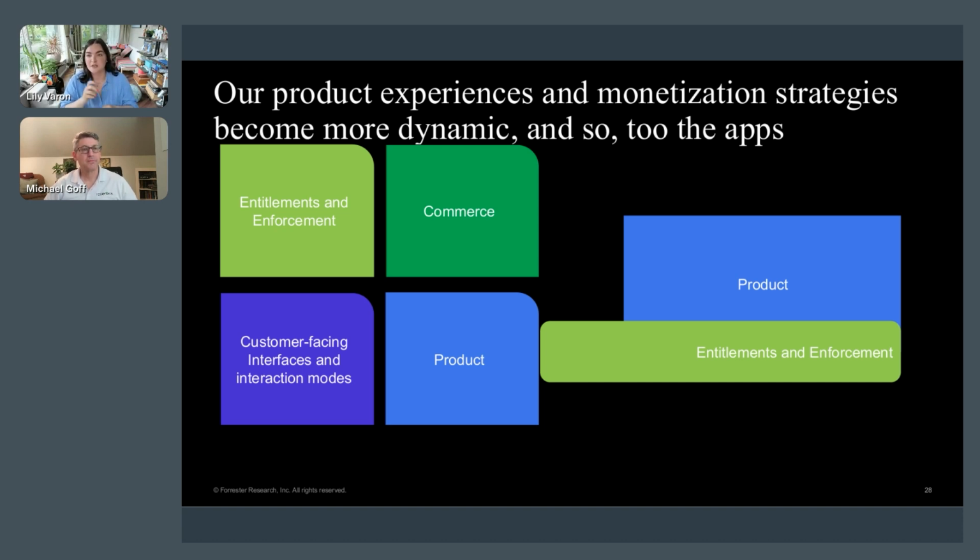And so I think we did a study together. Revenera commissioned Forrester to study the benefit of bringing an entitlements and provisioning and enforcement tool that is in line with a usage and consumption model and subscription models therein as well, that can enable better control of that front office experience.